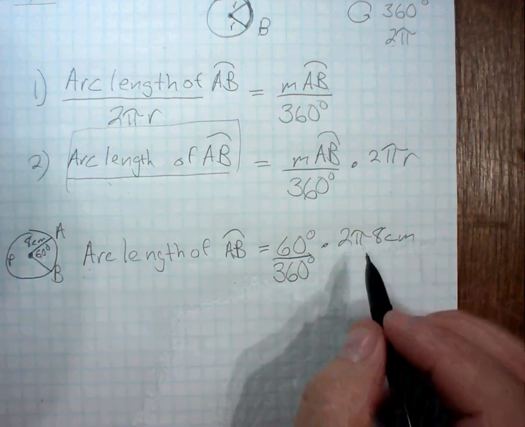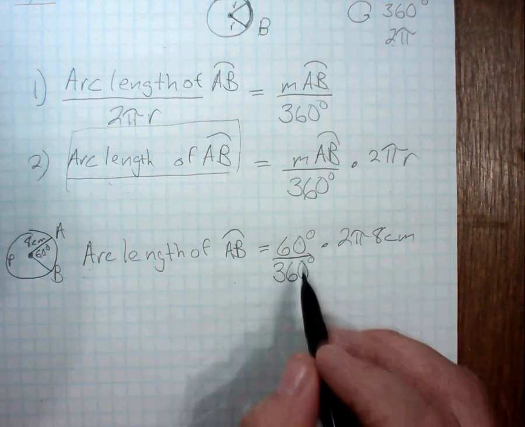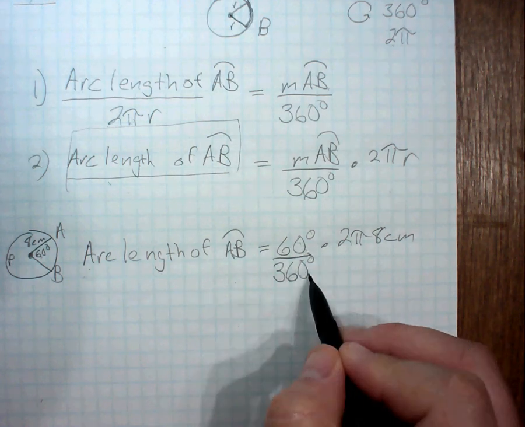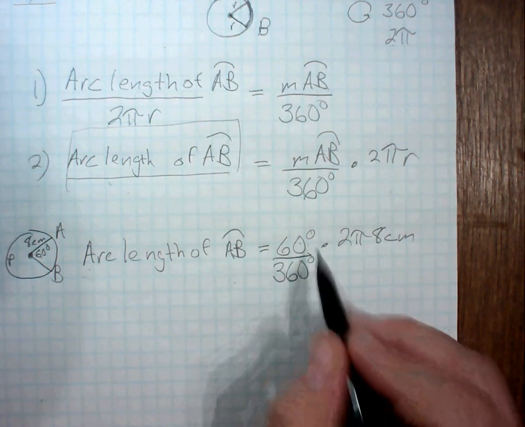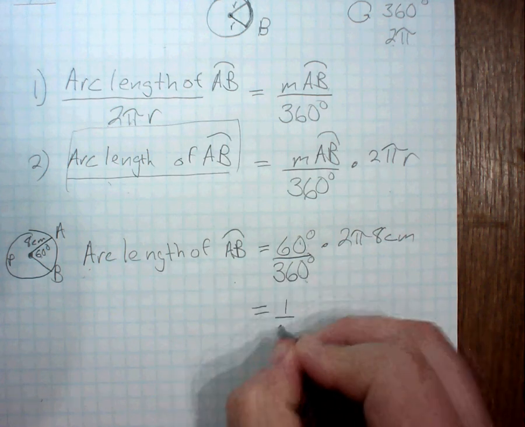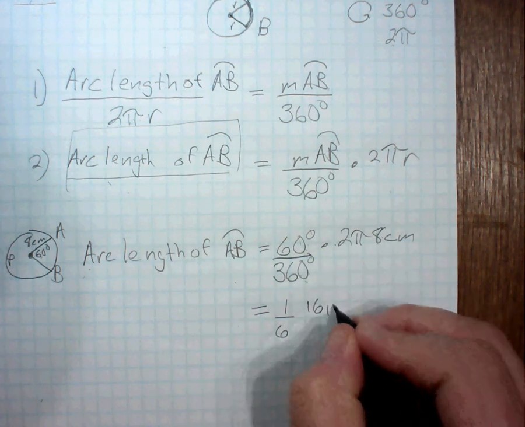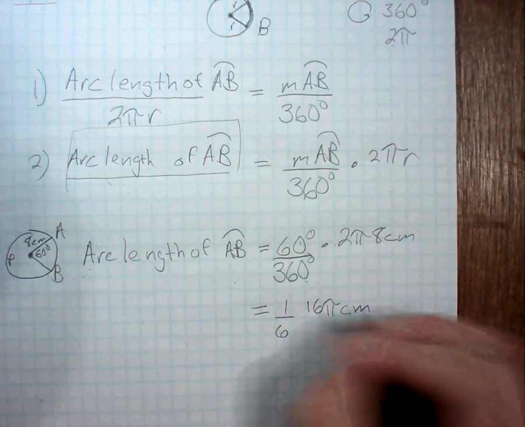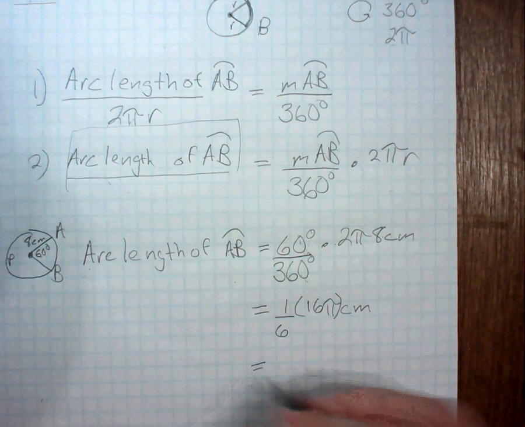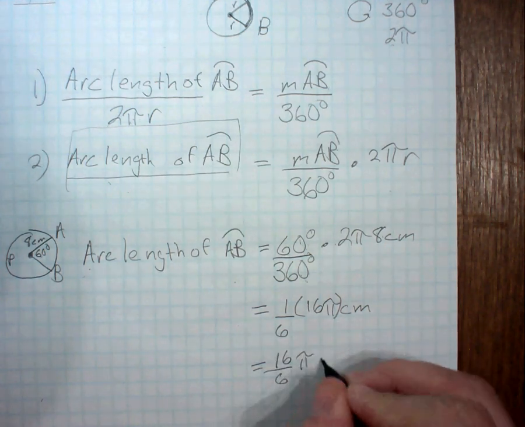So now what happens is, this is 1/6 of the circle, right? Because 360 is the full circle, and 60 is 1/6. In other words, this fraction here will reduce down to 1/6. And then 2 times this would be 16 pi centimeters. And then if I multiply this together, I get 16/6 times pi centimeters.